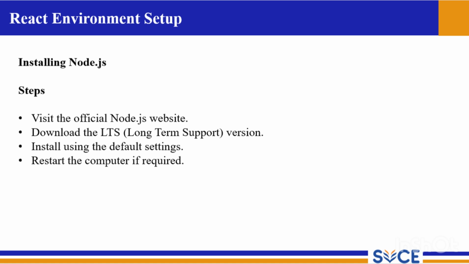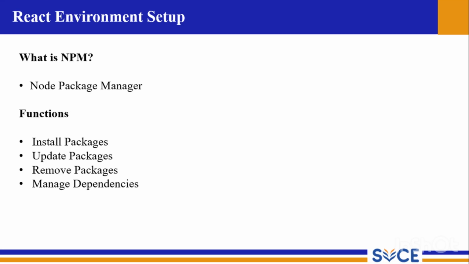Visit the official Node.js website, download the long-term support version, and install it using the default settings. The LTS version is recommended because it is stable, reliable, and widely used in production environments. When Node.js is installed, npm is installed automatically.